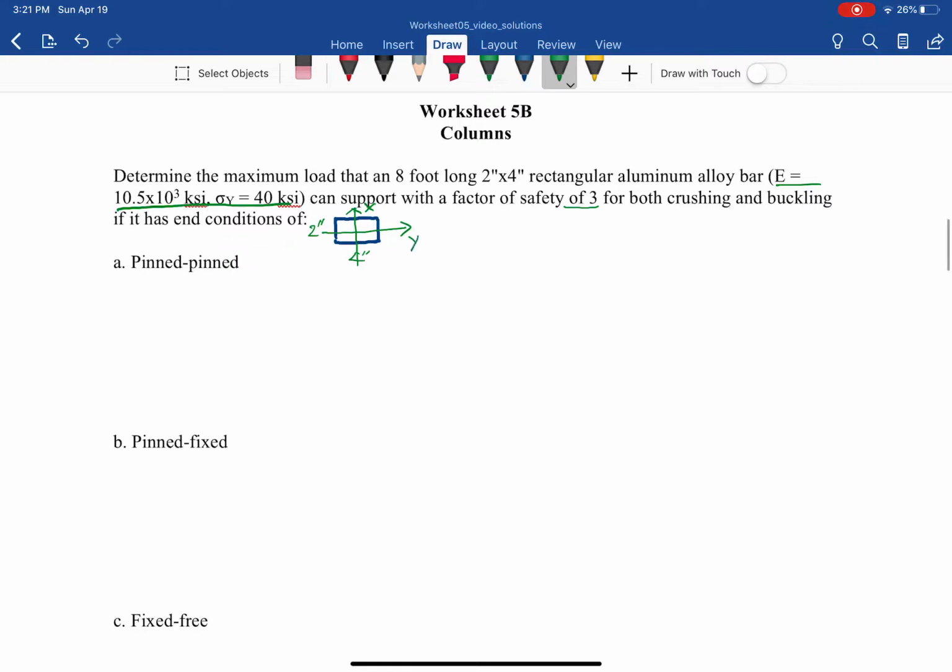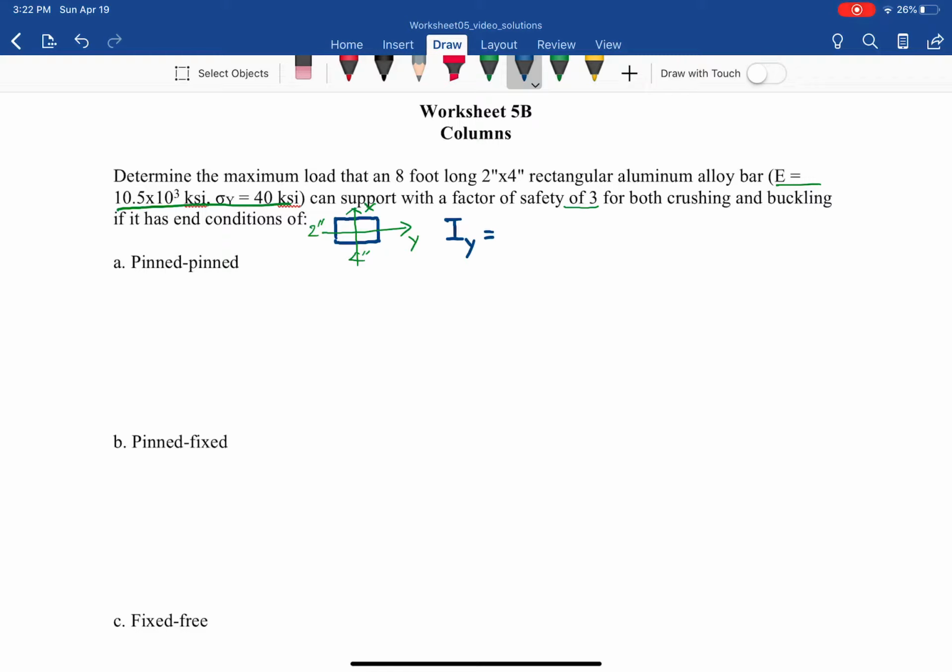So we have y. With that, we already know how to determine Ix, Iy for rectangles, and as you can see, the Ix will be greater than Iy. So for the columns which have the end condition in both x and y axis, we will find the smaller I, and in this case Iy, by my definition of the orientation of the cross section.